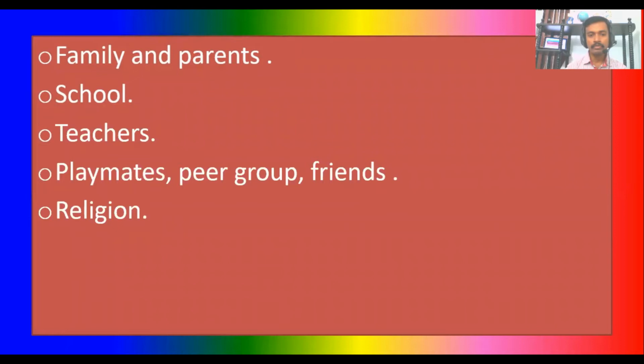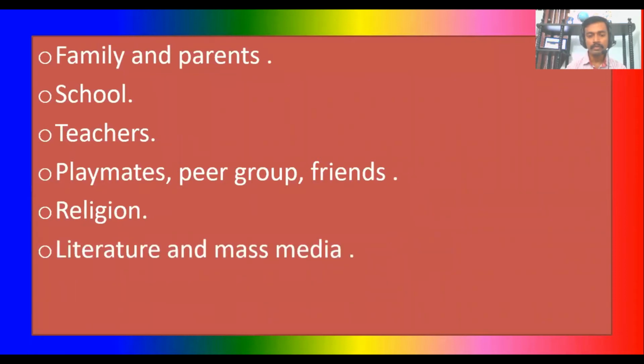Then religion. Go to church or mosque, interact with religious people and learn about moral teaching, moral ideas. Then literature and mass media. When you read a book, interact with books, learn knowledge.